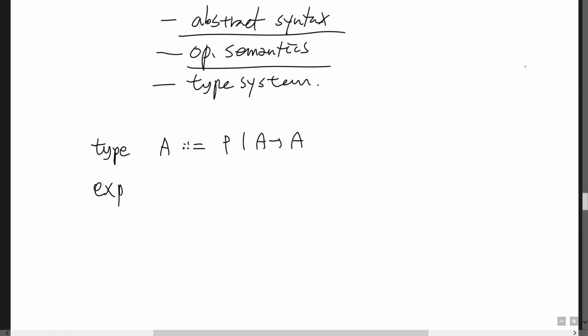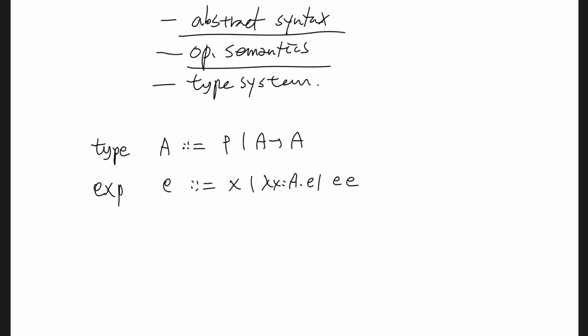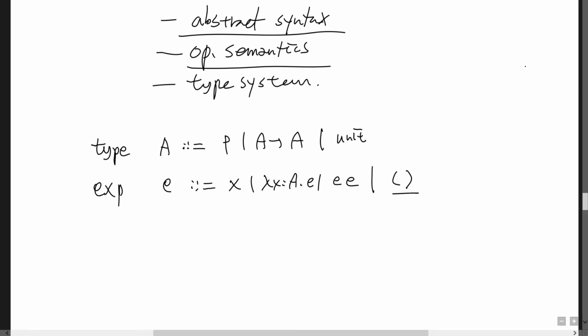And expressions, we have variable, lambda abstraction, and application. And now we are going to add new forms of expression. First, we need a unit type. For example, the assignment expression will evaluate to unit value. So we have this unit value and also unit type. And we are going to add this reference type for mutable references.